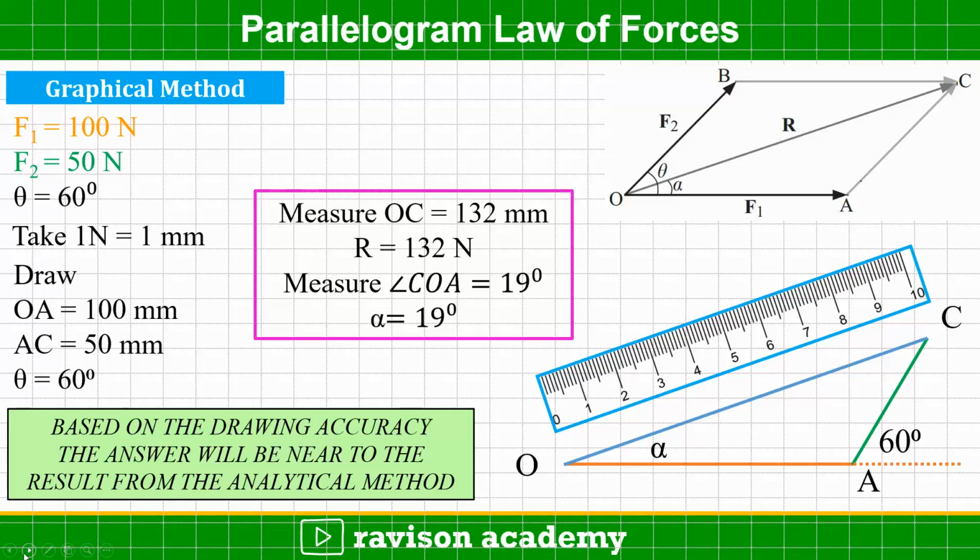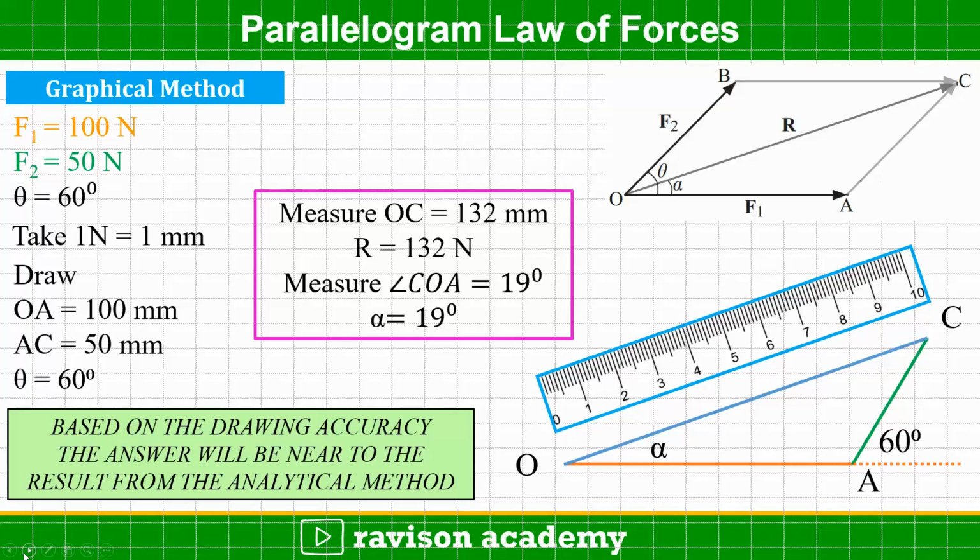Similarly, we draw a 50 mm line representing the F2 force, that is AC. OA is equal to 100 mm and AC is equal to 50 mm, such that the angle at A is 60 degrees. Now we get two points O and C. When we join them, we get the line OC. On measuring OC, we get 132 mm.